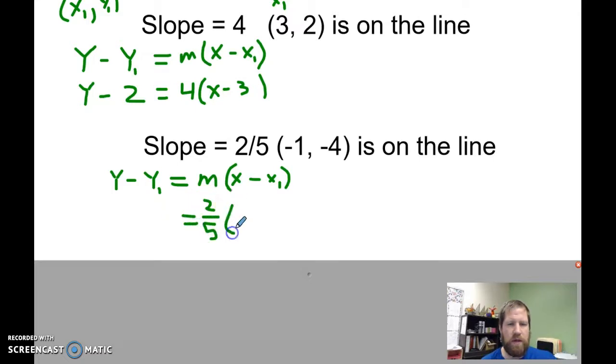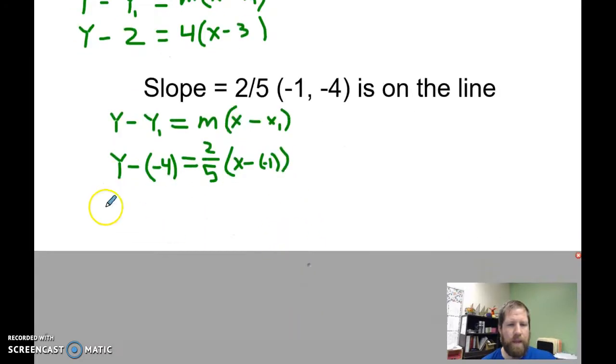I'm going to bring my equals, my x, my parentheses, and my y. Okay, and now my x value is a negative 1. Swap that, and you can see why. I'd have a minus, and then my point, my x1, is going to be a negative 1. All right, over here I have minus, and then my point of negative 4.